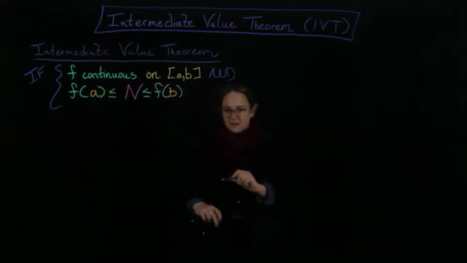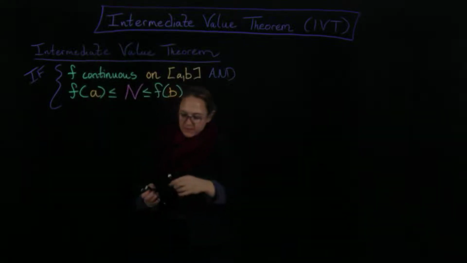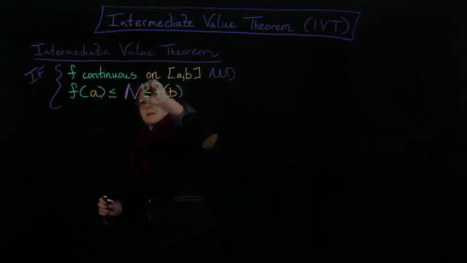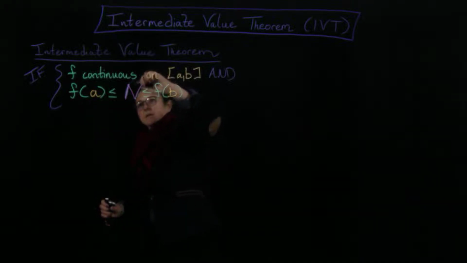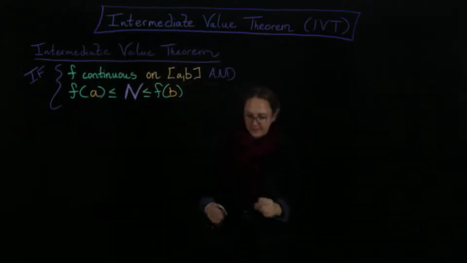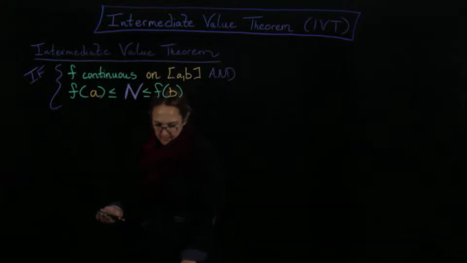This is an output value. Let's make that blue. I made it red, but I'm going to want to make the input value red, so let's make this blue. So it's an output value that's between those two.